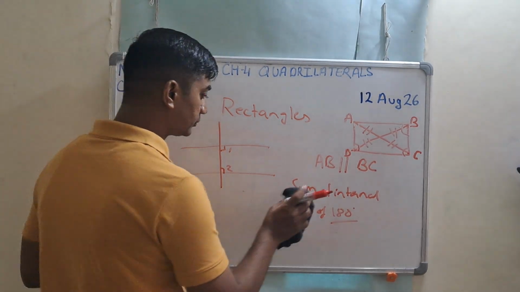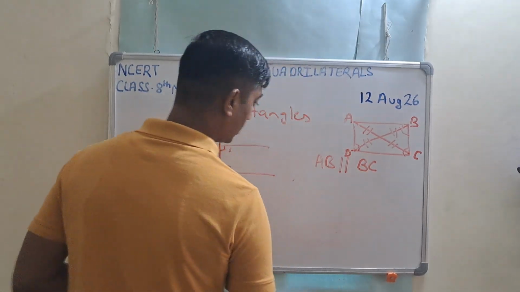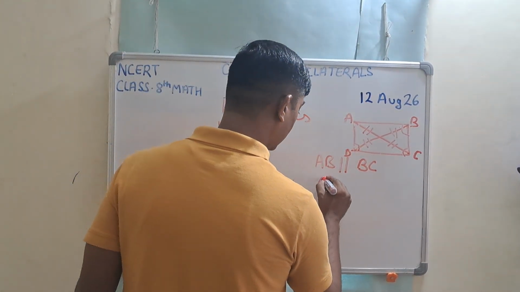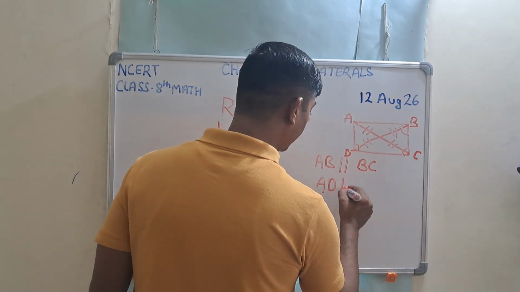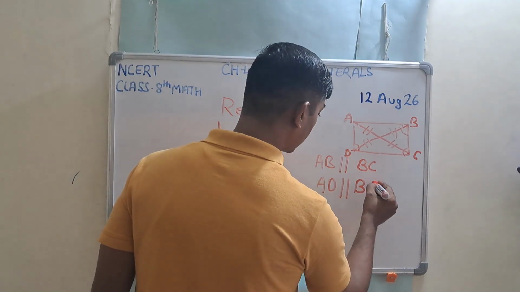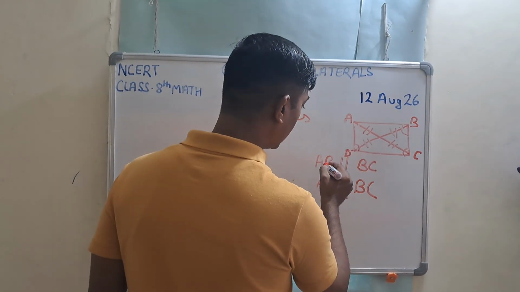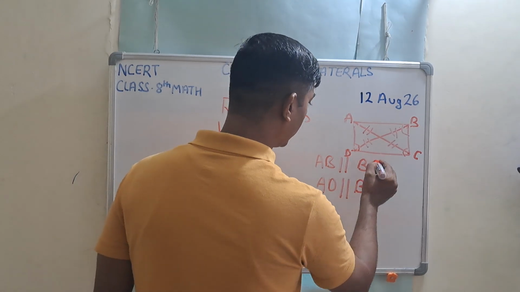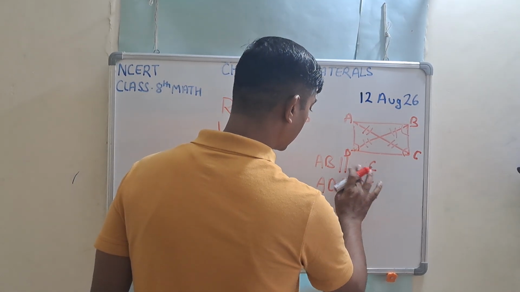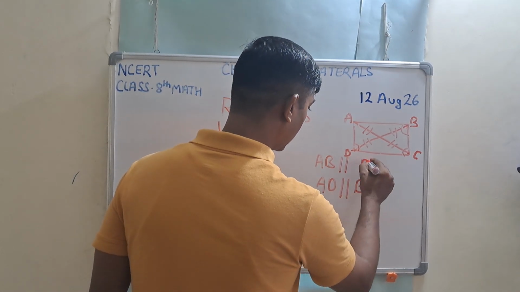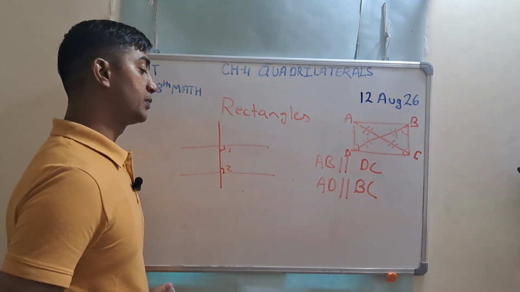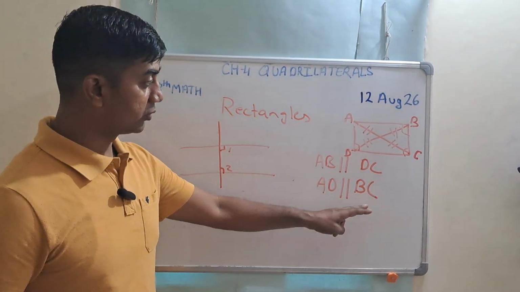Understood? AD is parallel to BC. What we have written here, AB is parallel to DC, that is my mistake. AB is parallel to DC and AD is parallel to BC.